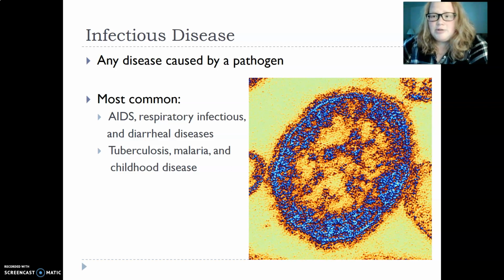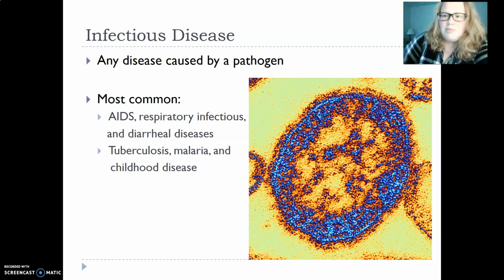Respiratory, those are your flus. Coronavirus is respiratory, and diarrheal diseases would be like your cholera and dysentery. Other common diseases are tuberculosis or TB, malaria, and childhood diseases that kids usually get like really high fevers with.